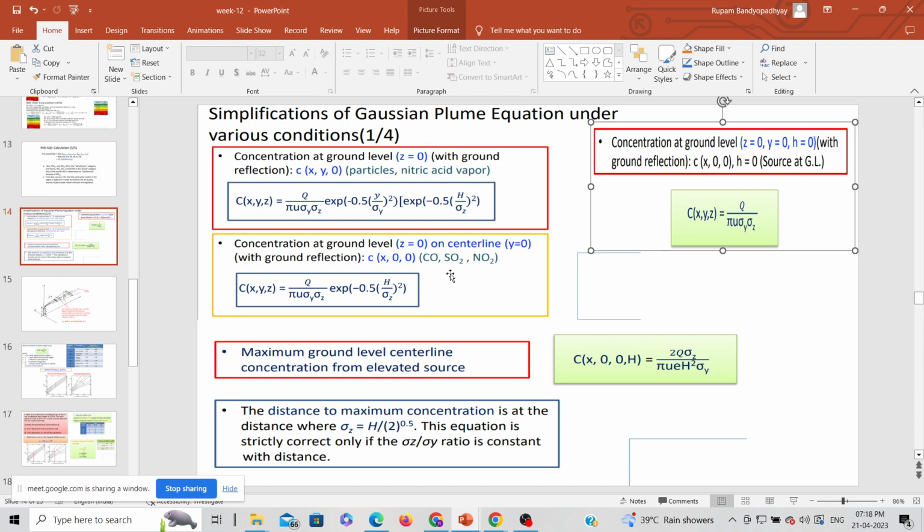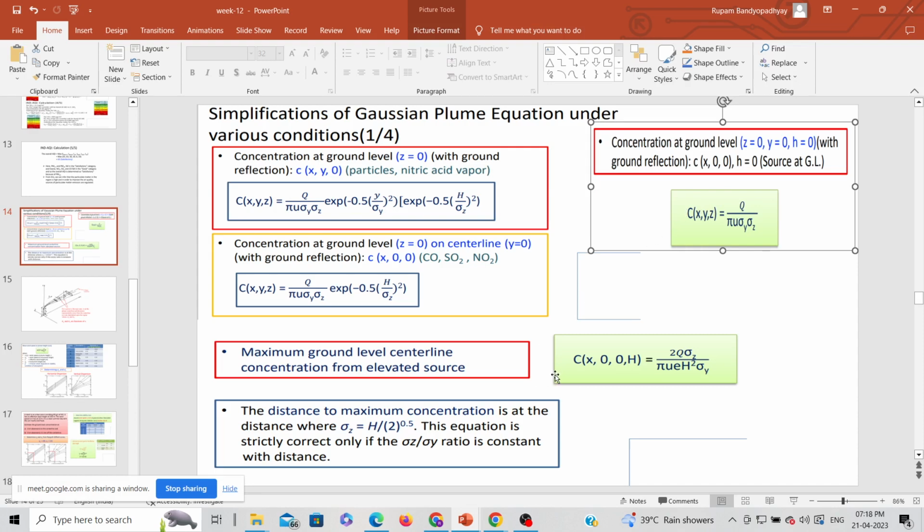If the source is at the ground level, then h will be zero, so this term will also become zero, and the equation will look like this. This is the condition when the source is at the ground level and you want to calculate the pollutant concentration at the ground level and at the center line. That is z equals 0, y equals 0 and h equals 0. In that case, this will be your equation.